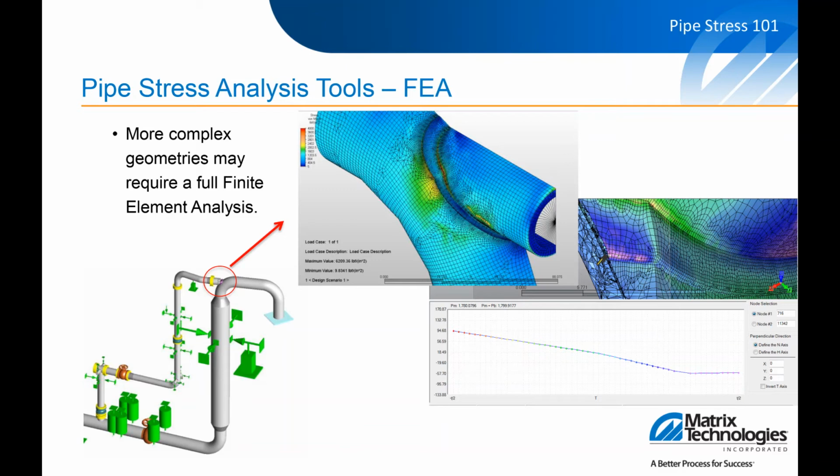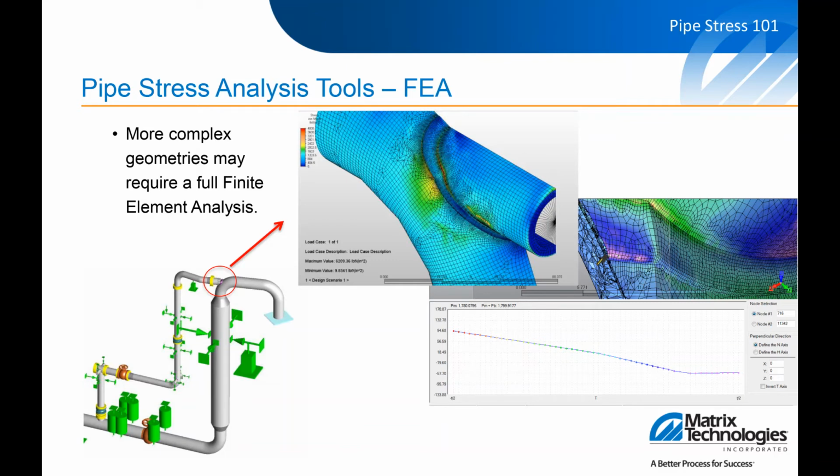This was a nice one because it's not only a very large pipe, but it was also refractory lined. So for something like this, we'll use our FEA tools. We'll go into ANSYS, model the geometry, add the refractory, and then take a look at loads, what's the stiffness of this connection, and then look at the local stresses and really get a good idea of what will happen in the field.